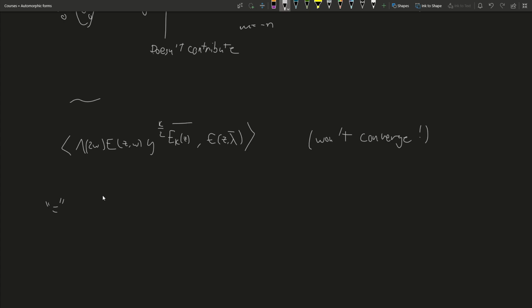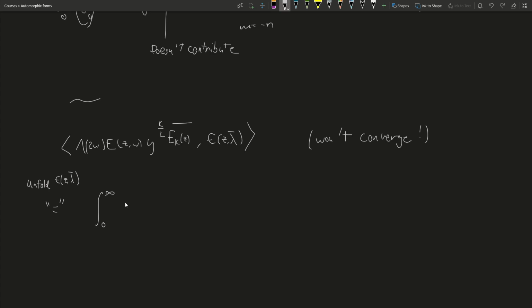If we think about doing exactly the same thing, and here I'm going to unfold this second term, E z lambda bar, then we get this integral from 0 to infinity, and once we pick off the terms that are not going to vanish when we integrate from 0 to 1, we end up with the following.